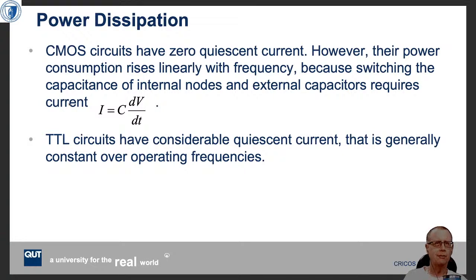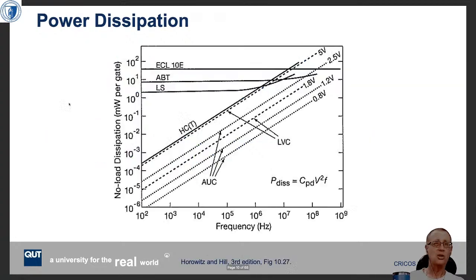So power consumption for CMOS devices goes up as you start running things faster. That's one of the problems with wanting your computer to go faster and faster. That C dV/dt is going to get bigger and bigger, because you're going to abruptly change your frequency, increase your frequency.